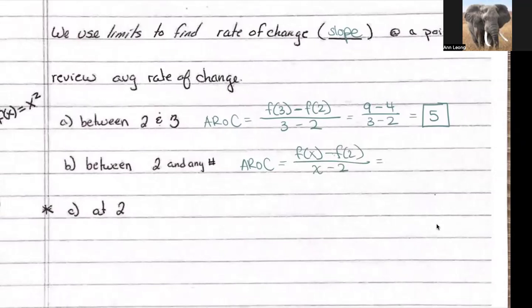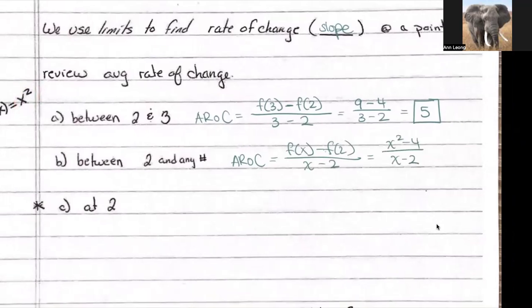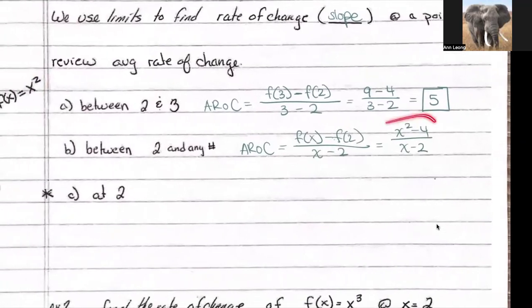Plugging that into my function x squared gets me x squared minus 4 all over x minus 2. You can factor that using difference of perfect squares and divide, and that would get you just x plus 2.